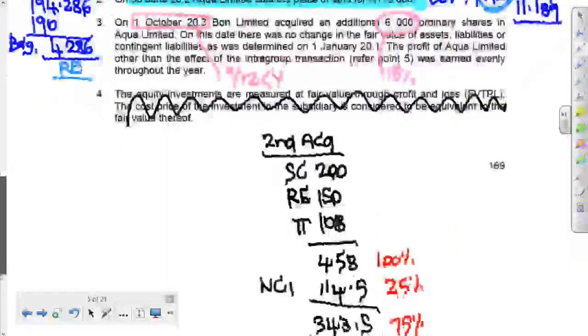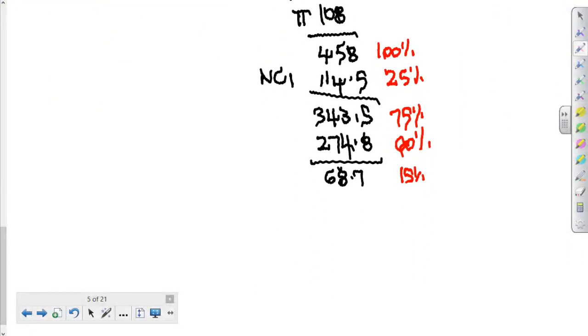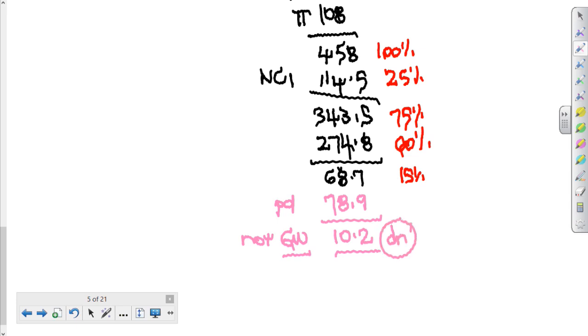Okay, so I go back down here. I paid 78.9, so therefore there is a 10.2, which would have been Goodwill. But it's not Goodwill, right? Because there's no Goodwill. So it needs to be a debit still, isn't it?